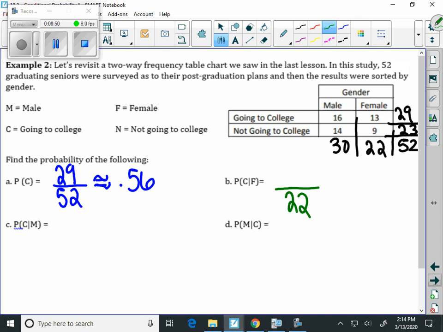And now what we want to look at is, out of those 22 females, how many of those females are going to college? And that's going to be the 13. Again, if we type that in, 13 divided by 22, if I typed it incorrectly, I got 0.59.